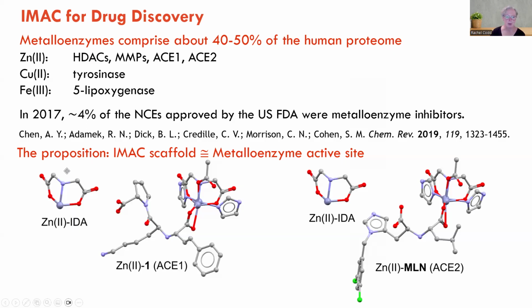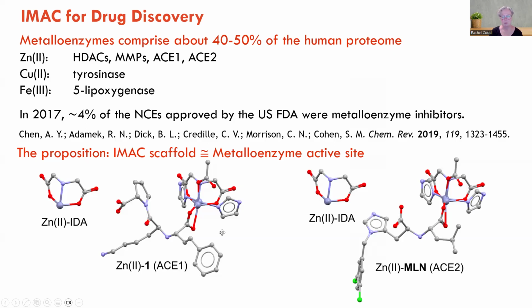So we proposed that given that the metal aminodiacetic acid scaffold is hemisaturated, meaning that the compound stoichiometry is one aminodiacetic acid unit to one metal ion, that was reminiscent of a metalloprotein active site.